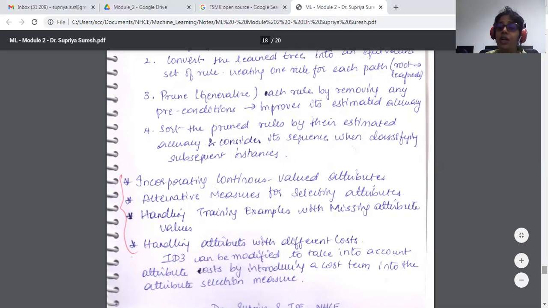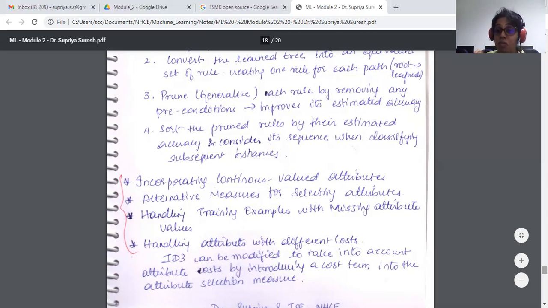There are also alternative measures for selecting attributes, because we had outlook, temperature, humidity, windy, so selecting those attributes can also be considered using decision trees.